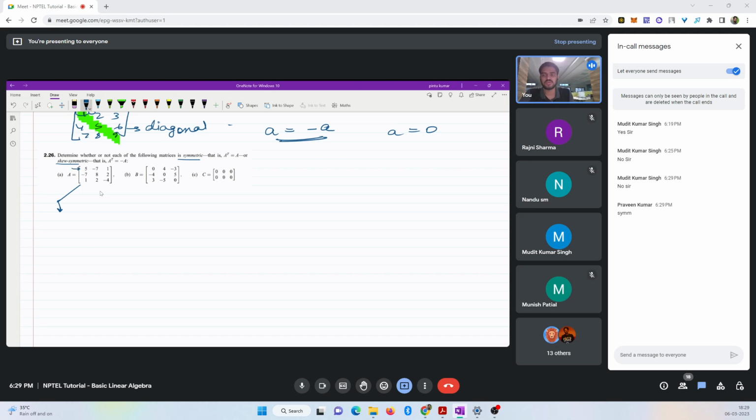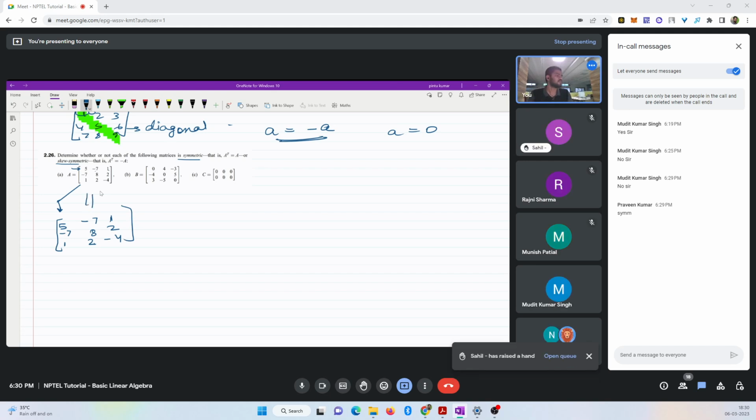So see, this first row is 5, minus 7, 1. And if we transpose it, that would become our first column, 5, minus 7, 1. Second row is minus 7, 8, 2. Third row is 1, 2, minus 4. Are these matrices the same? Yeah, these two are the same.